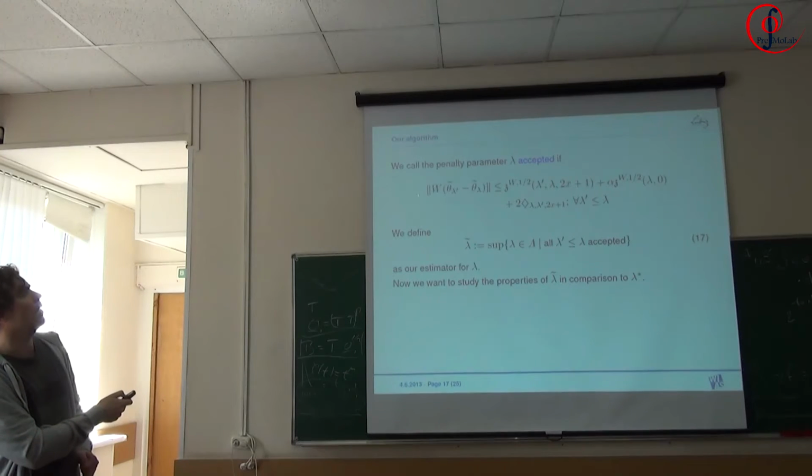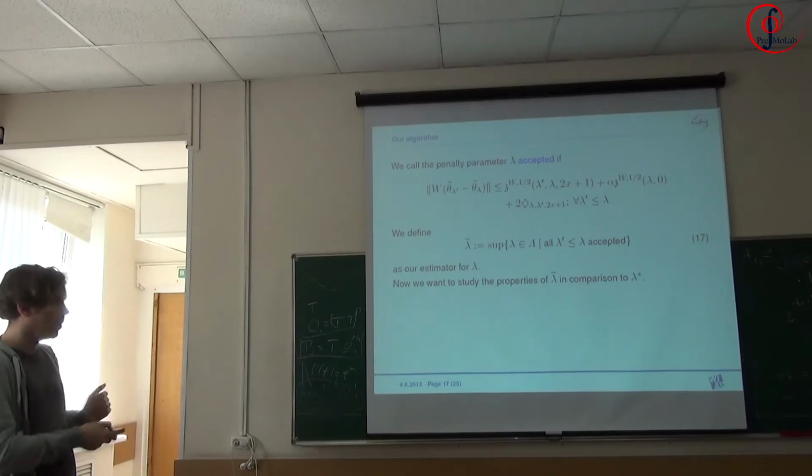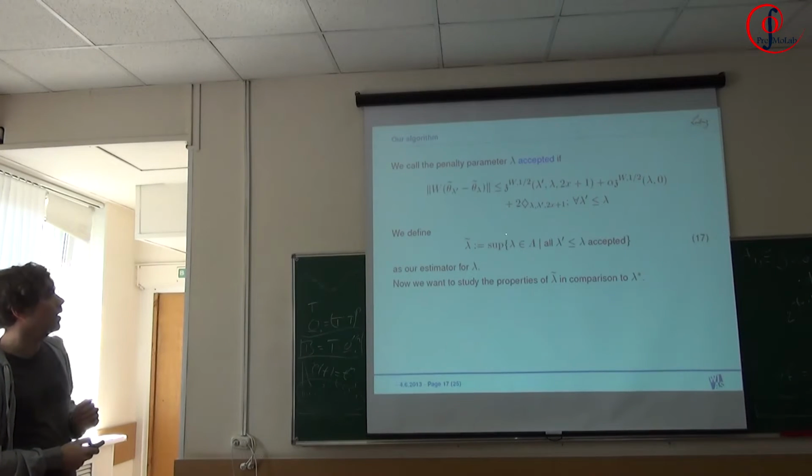Using the triangle inequality, this object can be split into some stochastic part and some bias part. Then we define the biggest lambda tilde where all lambdas below are accepted as our estimate.